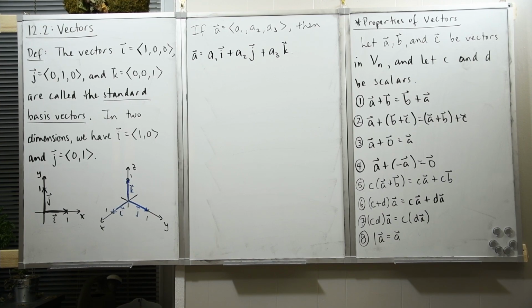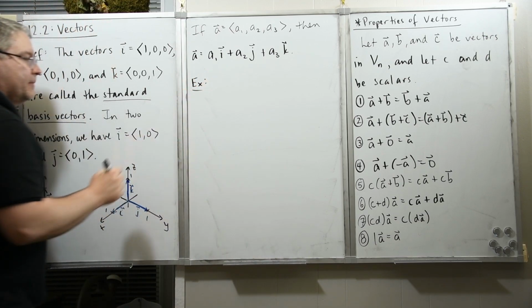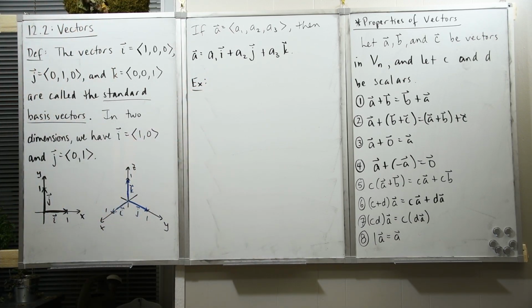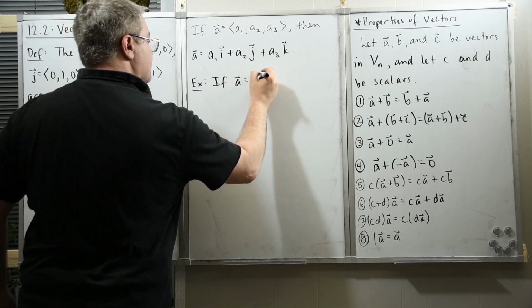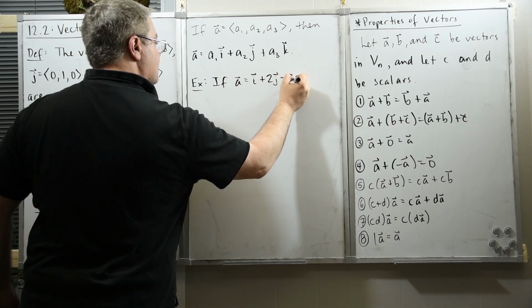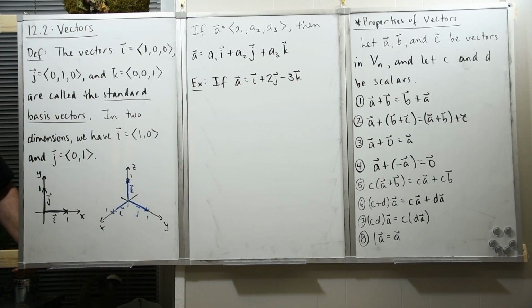Now, with that in mind, let's take a look at the following example. So let's suppose we have a vector A. And maybe A is represented as I plus 2j minus 3k.